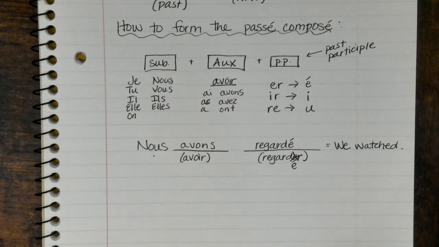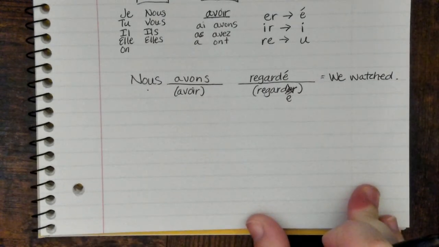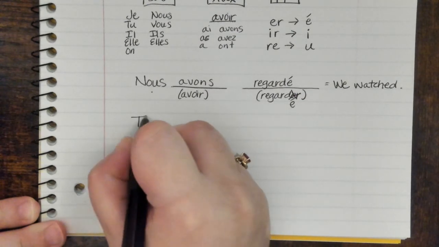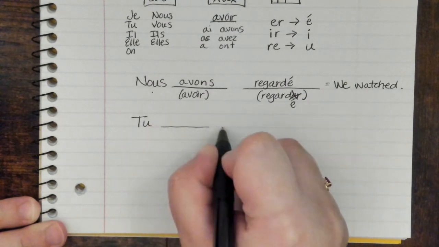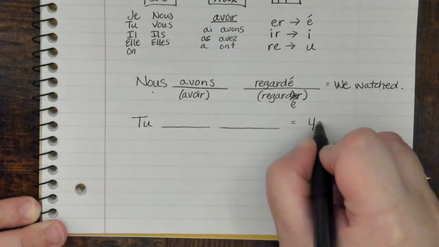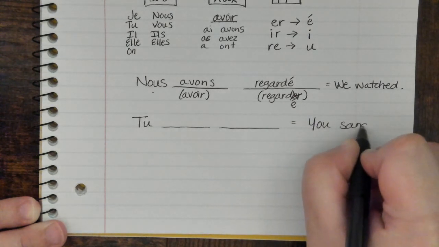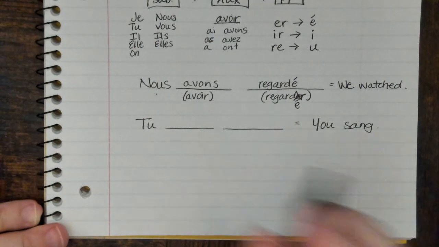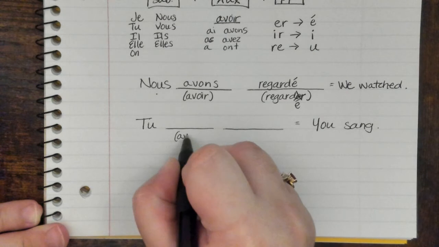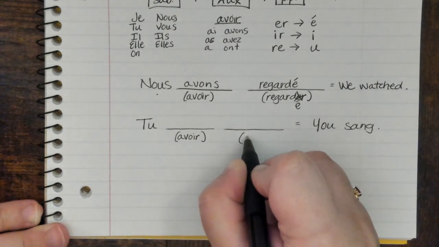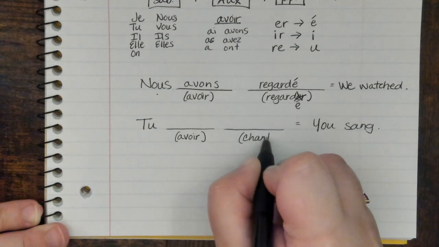Let's do another one. You sang. So here we're going to have the form of avoir, and here we're going to have the past participle of the verb chanter.